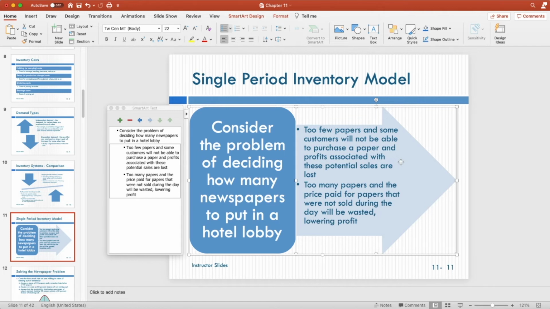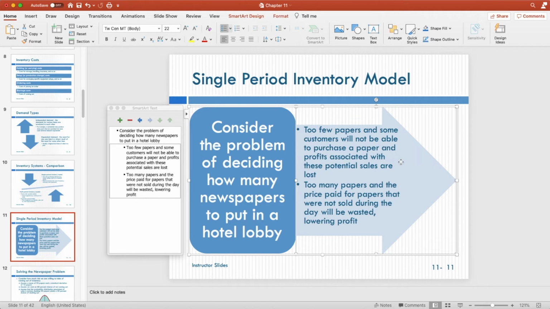So that's why here we can view the newspaper as your inventory, because you try to sell it to your customers, but since you don't know the exact market demand at the beginning of the morning, you don't want to purchase too many newspapers from your publisher.